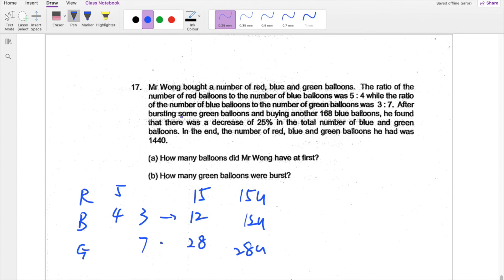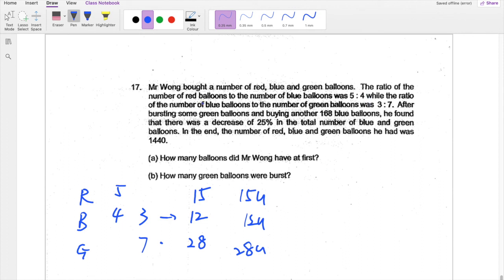It says after bursting some green balloons and buying another 168 blue balloons, we found that there was a decrease of 25% of total number of blue and green balloons. In the end, the number of the 3 balloons she had was 1,440. Right? Okay, let's see.